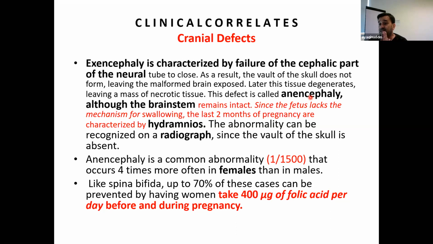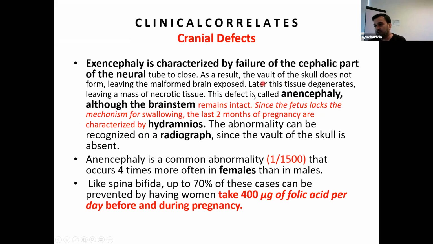In anencephaly, the brainstem remains intact, so the brainstem has nothing to do with it, but the upper surface of the brain, because there is no skull, gets exposed to the exterior and gets degenerated. And you would see the necrotic tissue exposed to the exterior. Since the fetus lacks the mechanisms for swallowing, the last 2 months of pregnancy are characterized by hydramnios.